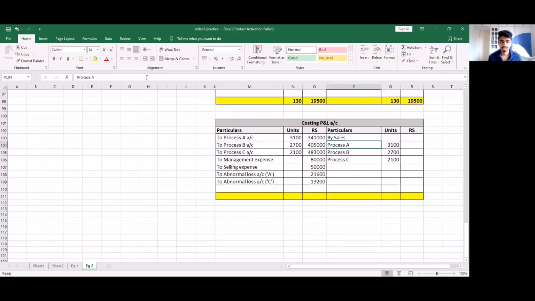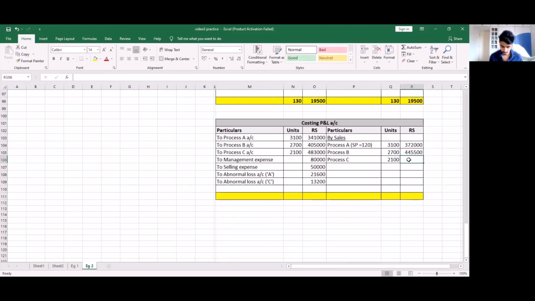So the selling price for process A is 120. So our amount will be 3,100 into 120. Similarly, for process B, we're going to multiply 2,700 into our selling price of 165.